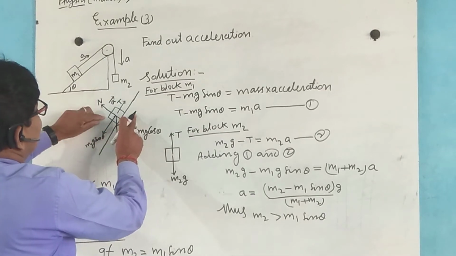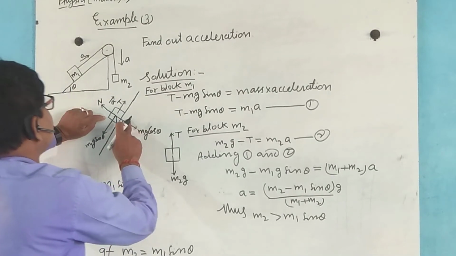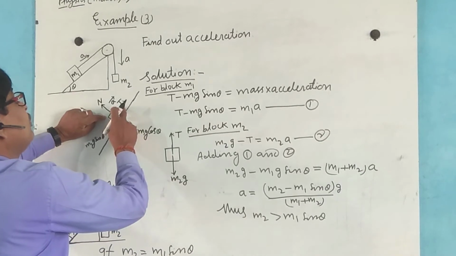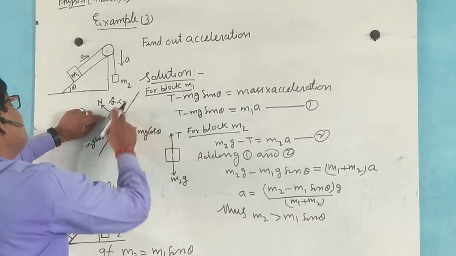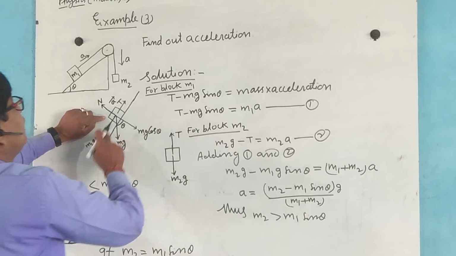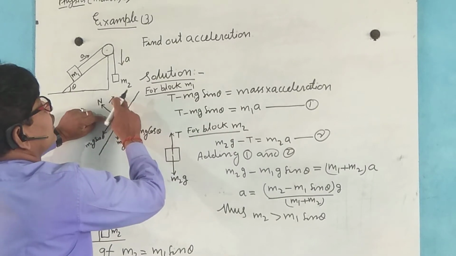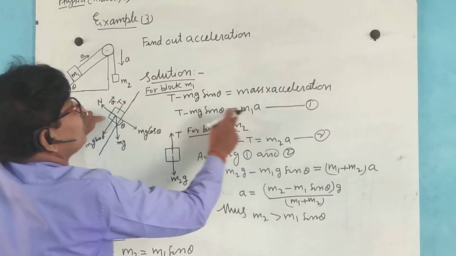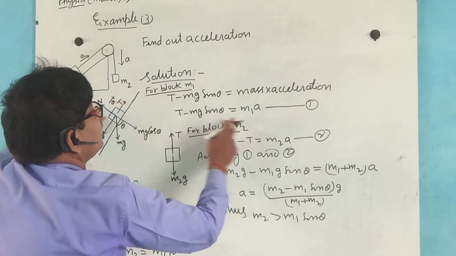So we apply Newton's second law, moving in this direction: T minus M1g sin theta is equal to mass into acceleration, mass M1 into a here.